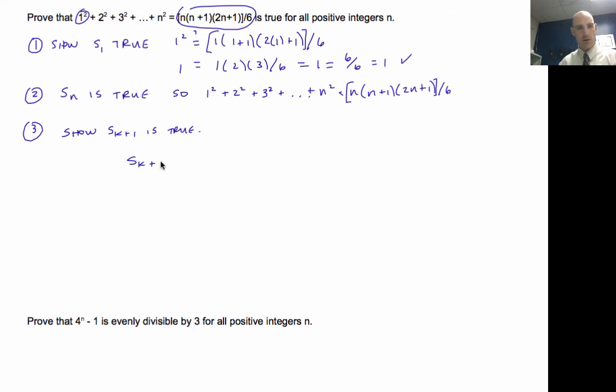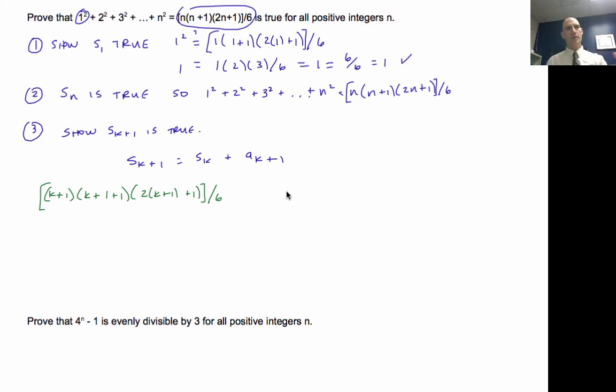S sub k plus 1 is equal to S sub k plus a sub k plus 1. This is what I'm trying to show. So S sub k plus 1 would be k plus 1 times k plus 1 plus 1, because I'm substituting in k plus 1 for all of these, times 2 times k plus 1 plus 1, divided by 6.